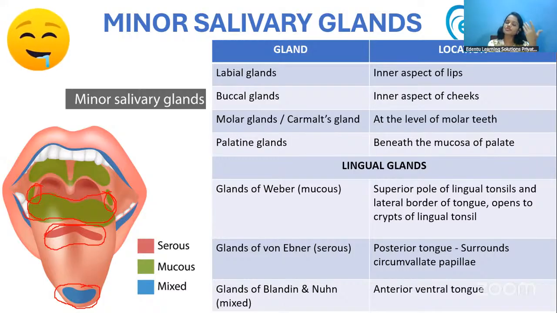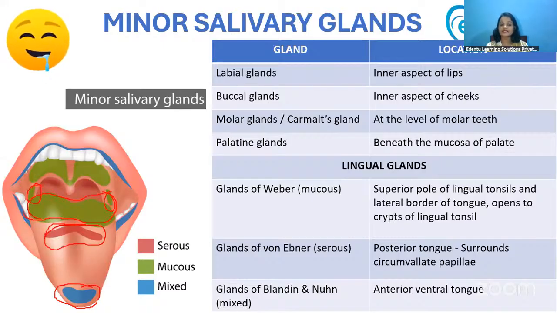At the posterior most area, we have the glands of Weber. Surrounding the circumvallate papillae, we have von Ebner's glands, and in the anterior most portion, we have the glands of Blandin and Nunn.